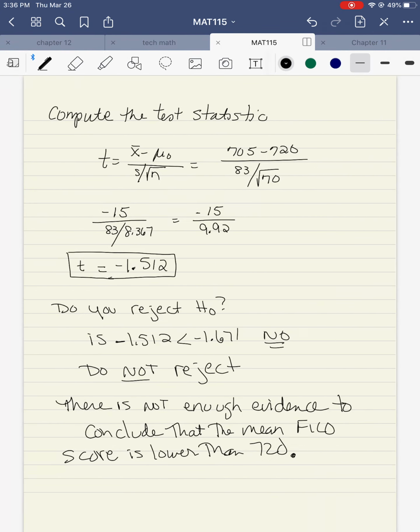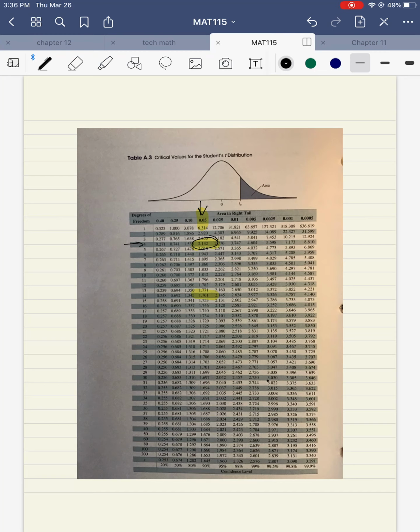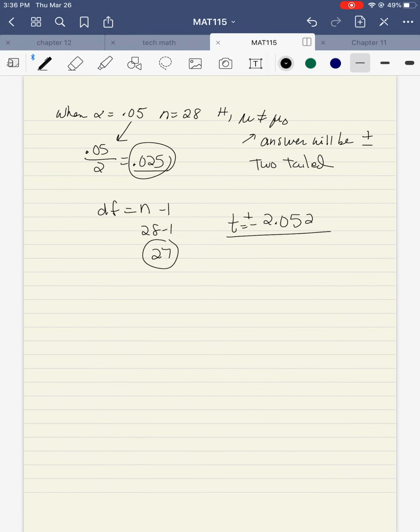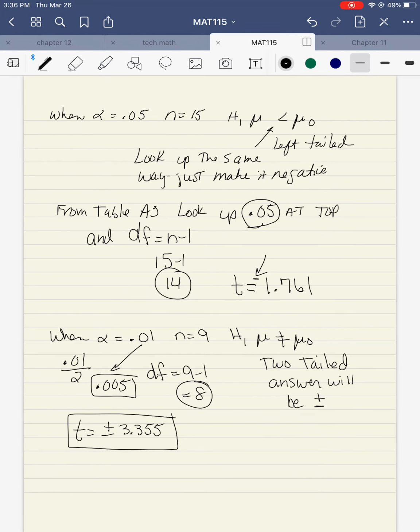Here's 0.05 still, 14 now is here. So this is my number there, and that corresponds to a negative 1.761. Again, I make it negative because it's left-tailed.